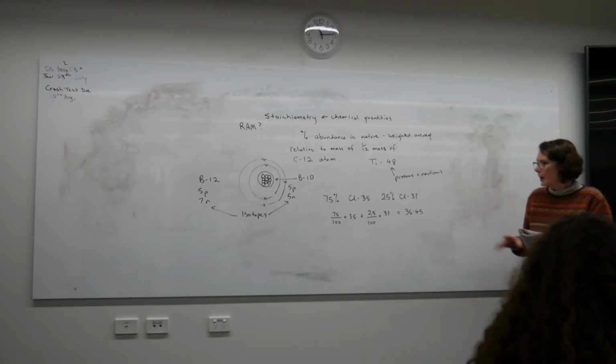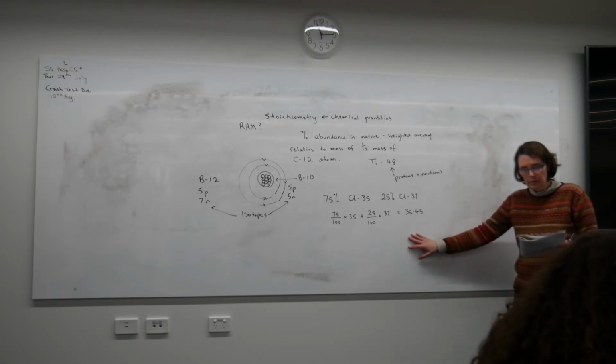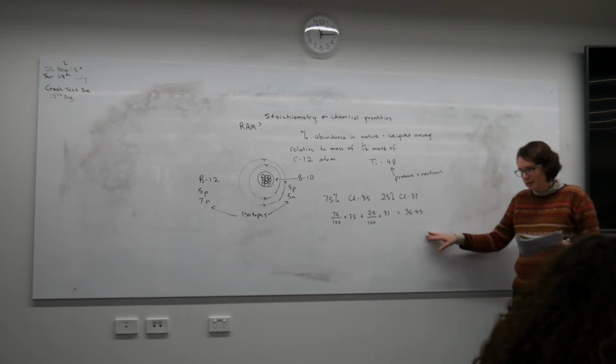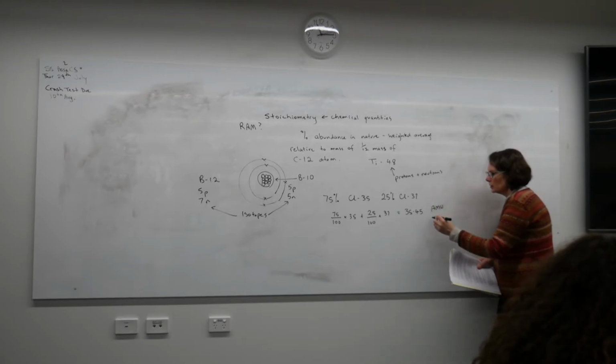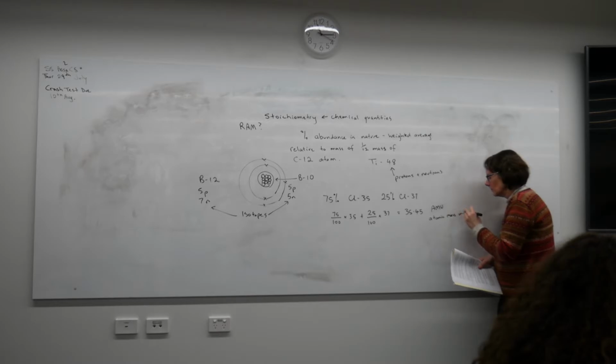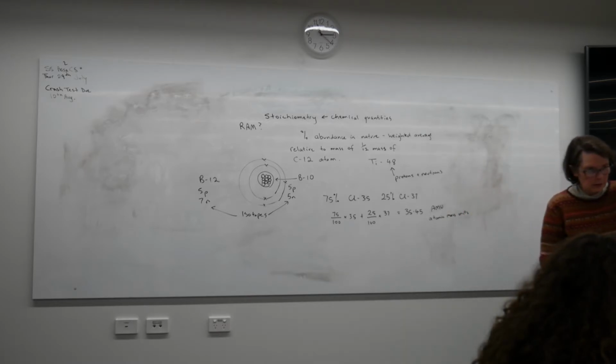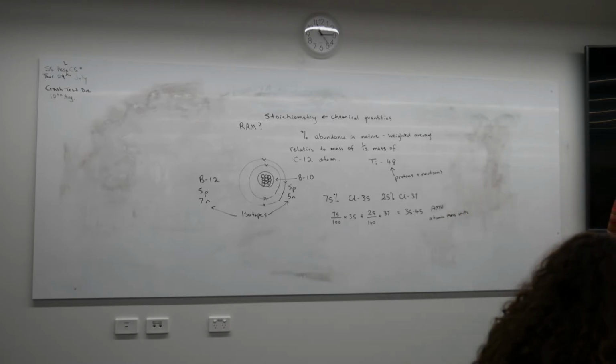Okay, so now, again, we can use AMU as the units for talking about atomic mass units. But again, we're still not at the stage yet where we can use this for our chemical reactions.